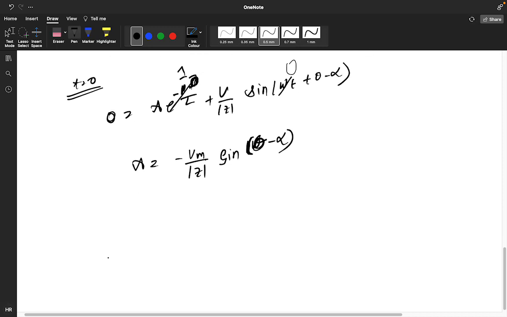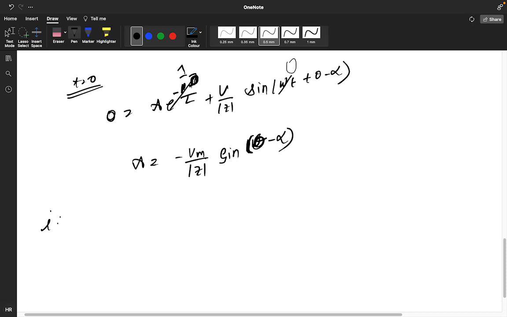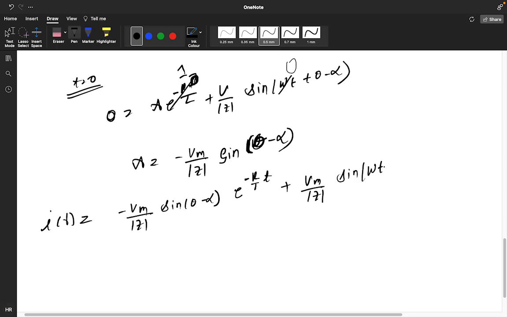Now what will be the overall current equation? i(t) will be minus Vm by Z sin(theta minus alpha) e^(-R/L t) plus Vm by mod Z sin(omega t plus theta minus alpha).